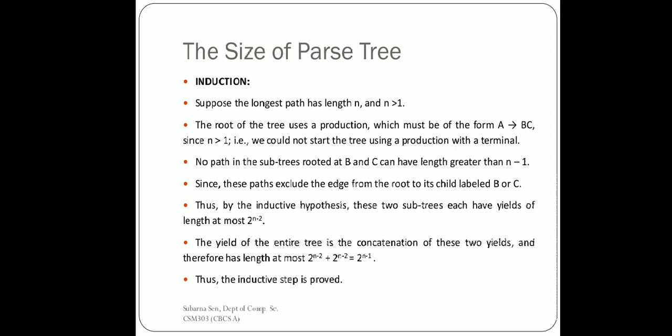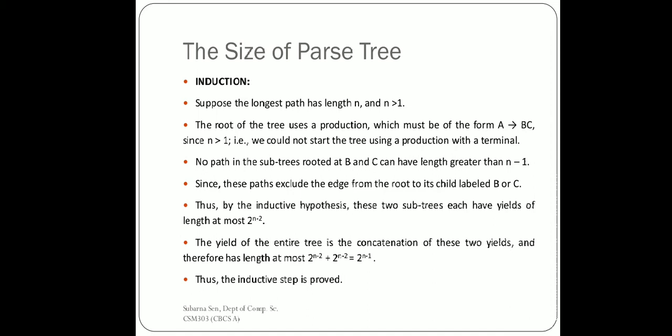In 2 to the power n minus 1, if you remember, the original equation, in place of n we have to substitute n minus 1, since the length cannot be greater than n minus 1, as I have told, because it has already incorporated the path from the root to the next node. So at the place of n, we have to substitute n minus 1.